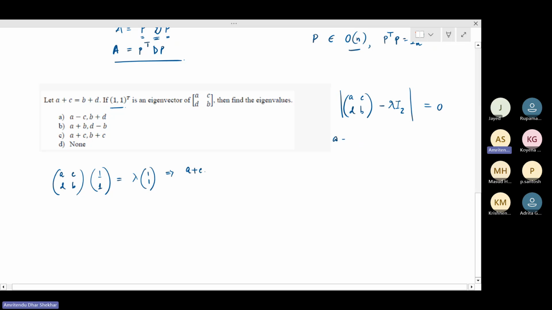We have A minus lambda, B minus lambda, C, D.